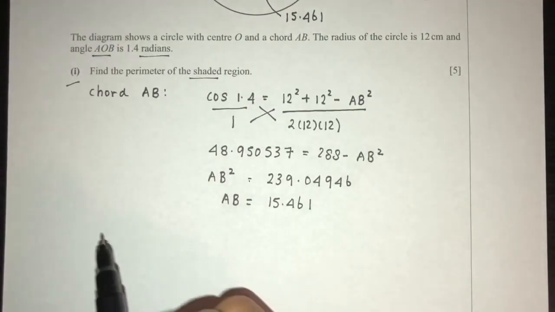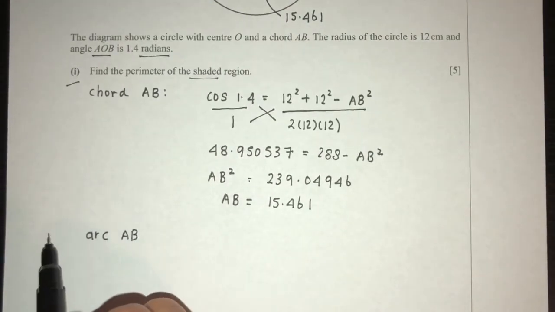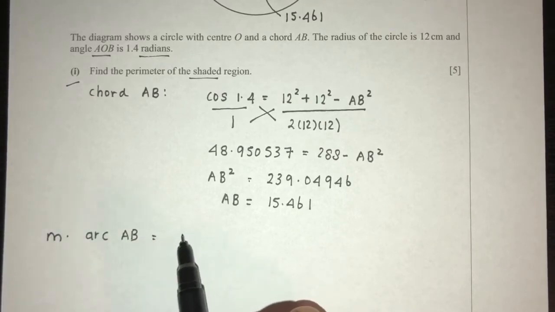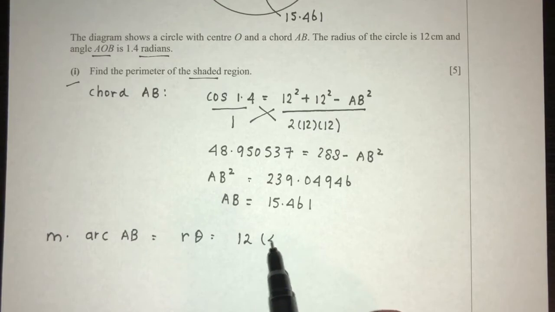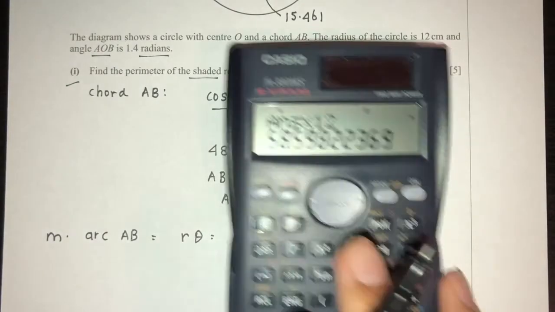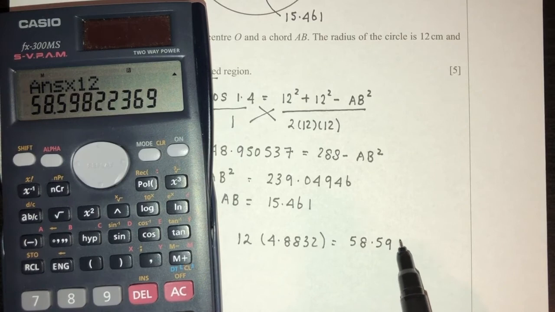Now using this angle, we can find the arc AB. The major arc AB will be r theta. R is the radius, and theta will be the major angle, which is 4.8832, so times 12. That will be 58.598.